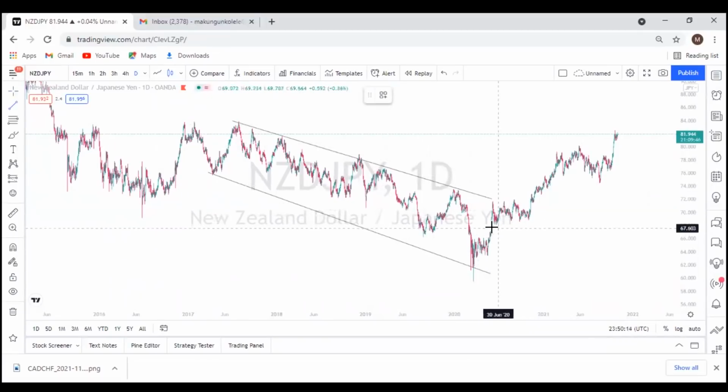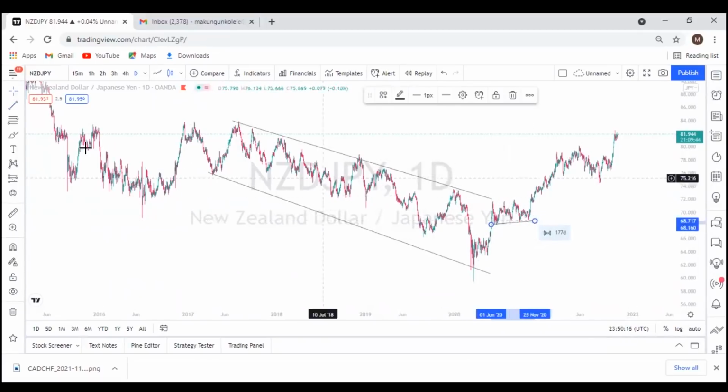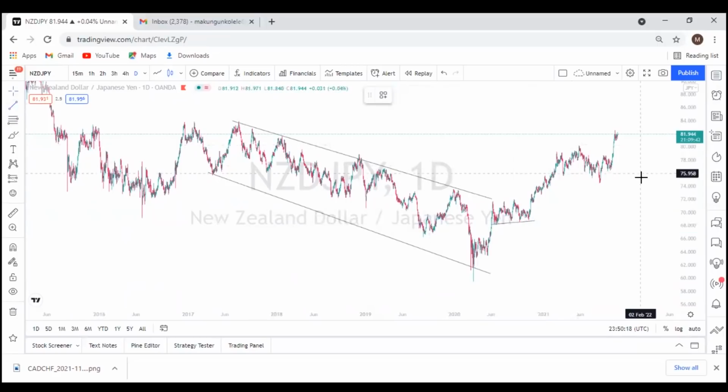And as you can see, the price corrected by our resistance, this resistance. So the price corrected around these areas, which means it was a significant zone, because it took a while to break out of our descending structure here.